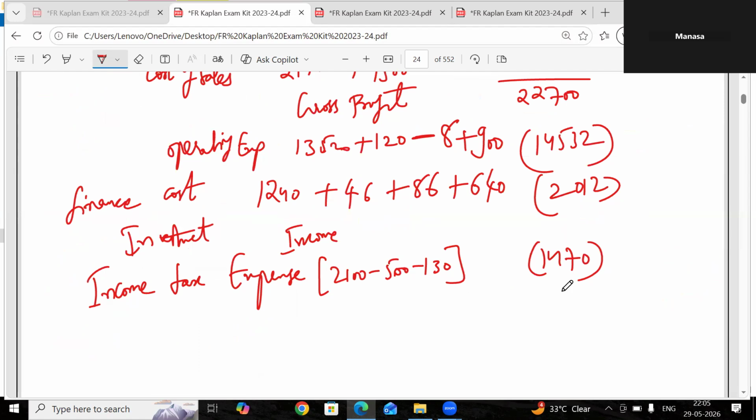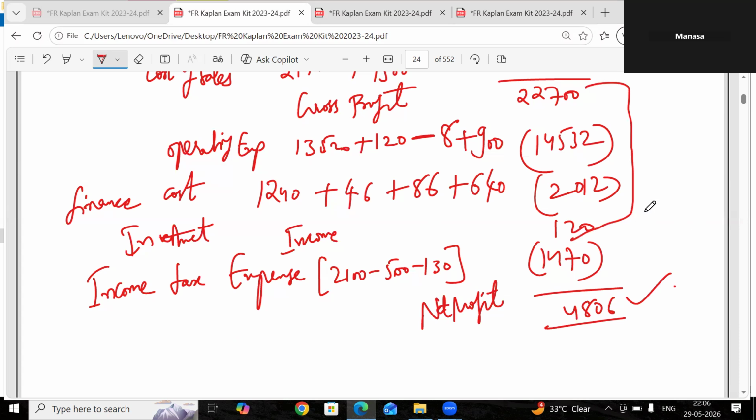So if you adjust everything, what's the profit for the year? Net profit. That means I took the tax also, everything I did. Just calculate and tell me. Yes, sir. 4806. Till here, you get PBT. That is 6276 minus tax, PAT. Finished.